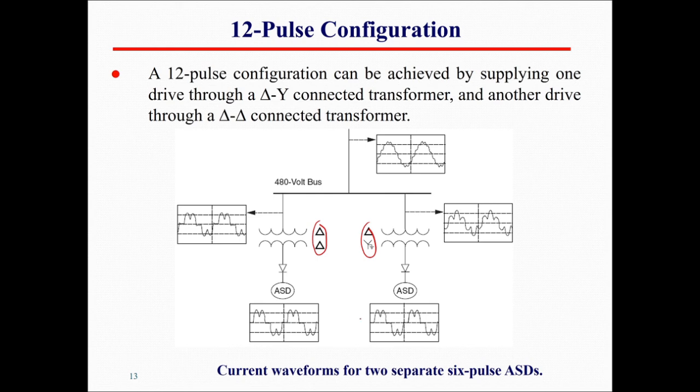So they take the same current from this transformer, but now if you look at the current taken by the two transformers, there is a difference between the waveforms of the current that are taken by the two transformers. Then now if you look at the current that is taken from the source, the main current, of course it has lower harmonic content.